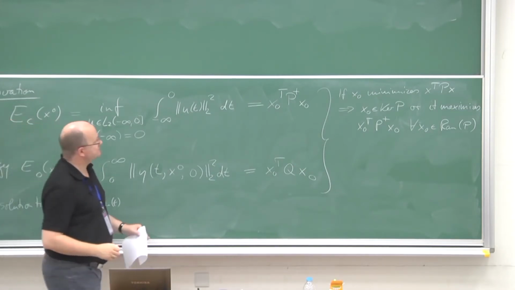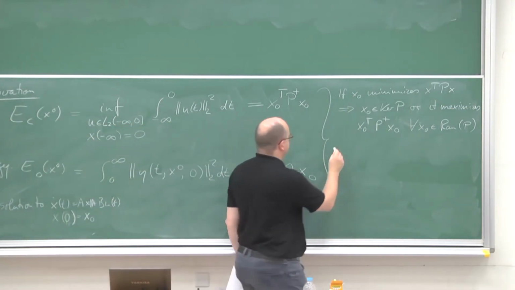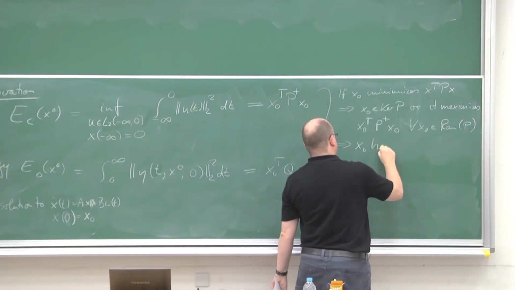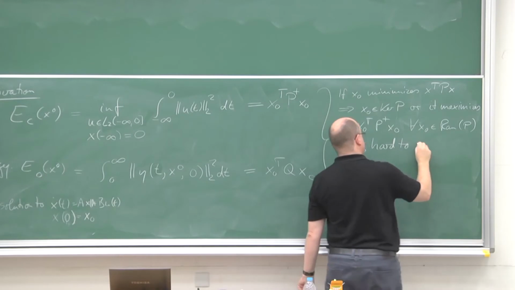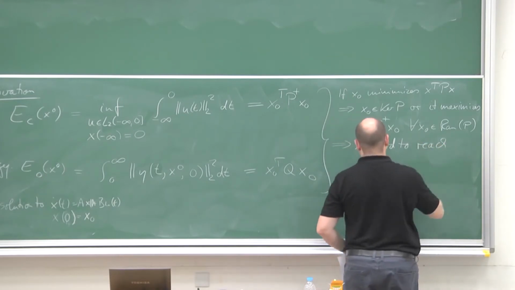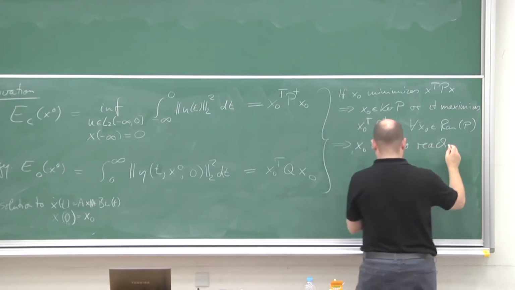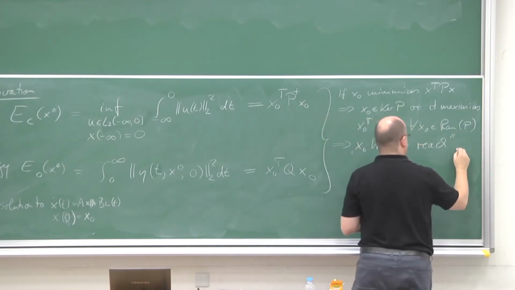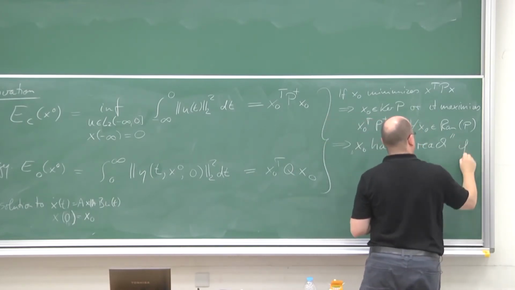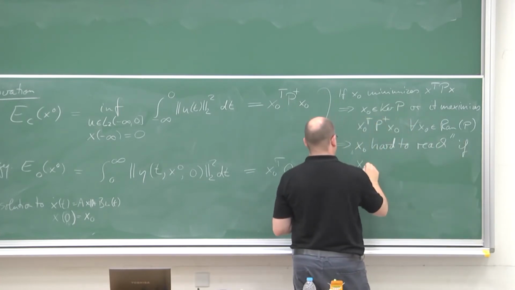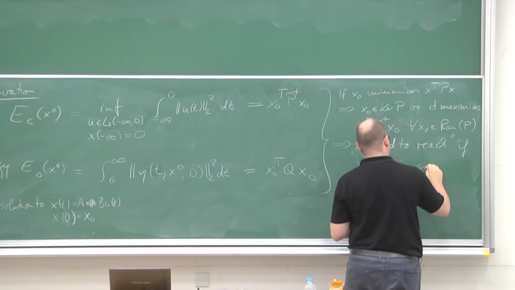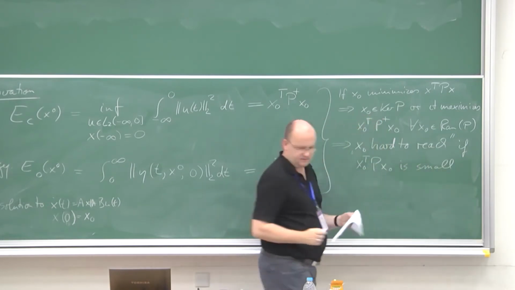And that means x0 is hard to reach if x0 transpose P x0 is small. Yeah?